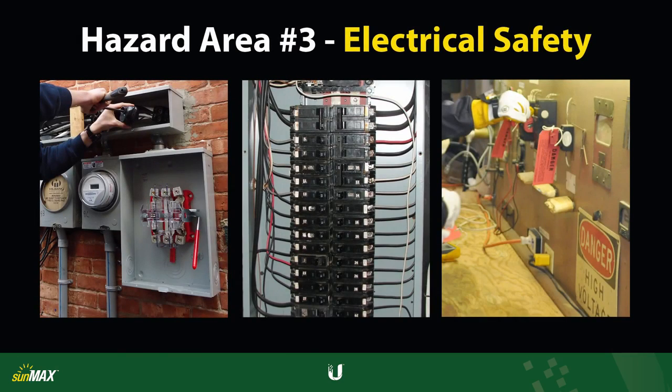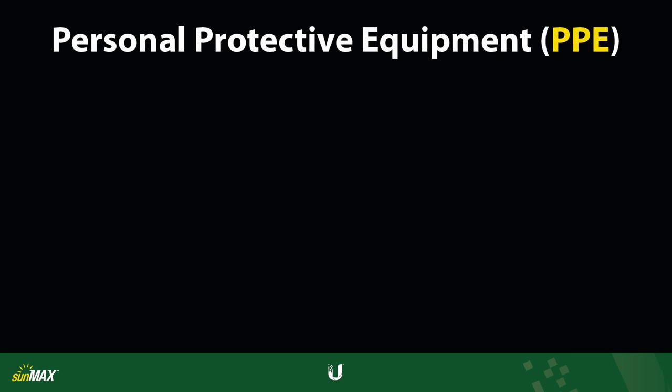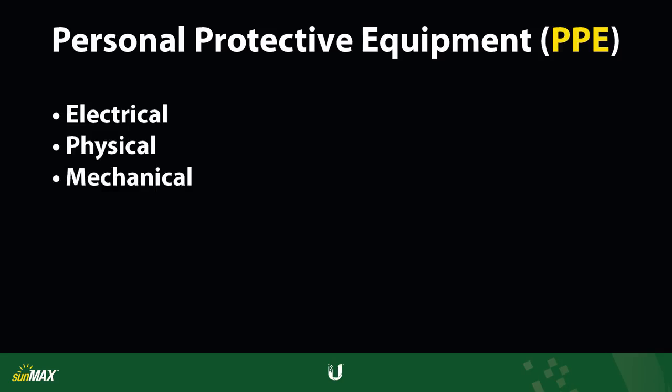Although grounding relates to the electrical safety of a PV system, this is covered later in the lesson. Personal protective equipment relates to all the previously mentioned areas, including electrical, physical, and mechanical hazards posed to the worker.